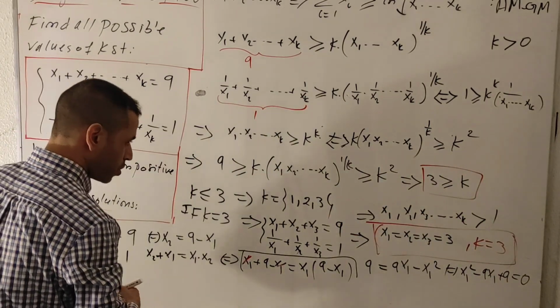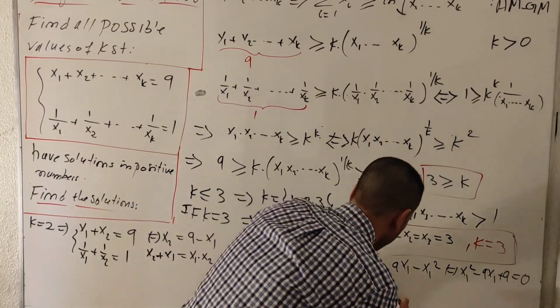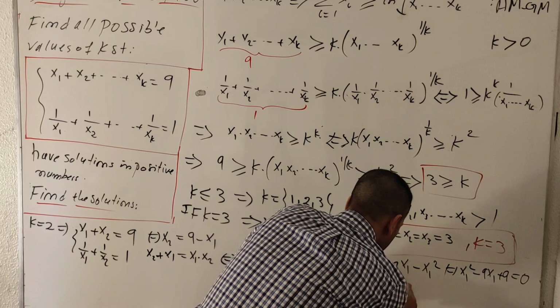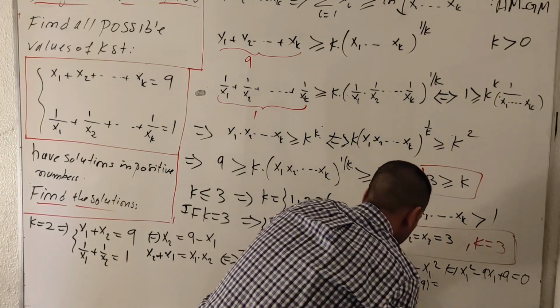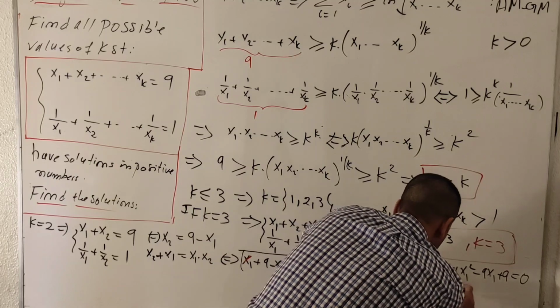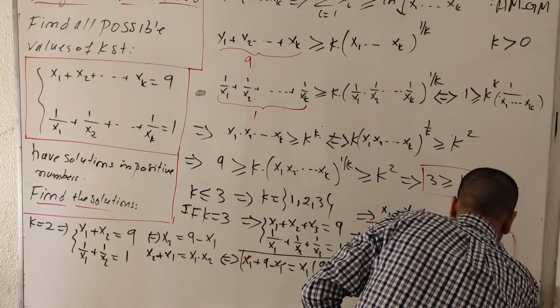Now I'm going to solve this equation by calculating delta. Delta is giving us 9 squared, which is 81, minus 4 times 9. So we'll have 81 minus 36. I will get delta equals 45.